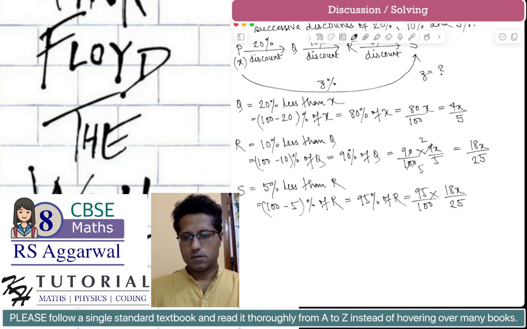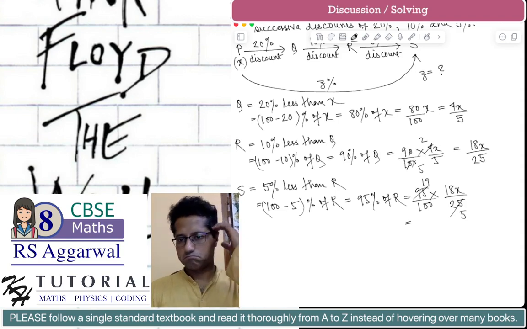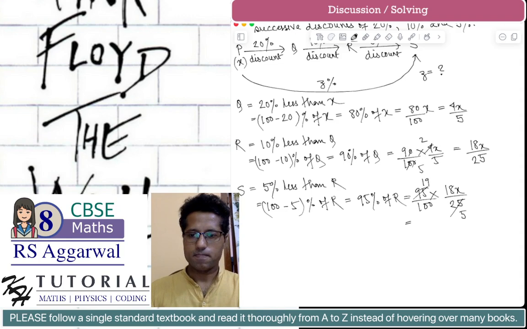Now let's try to simplify this a bit. 5 divides 25 with 5, 5 divides 95 with 19. Okay, so this is a bit of lengthy computation, but anyway, let's do it. 19 multiplied by 18 is 342.